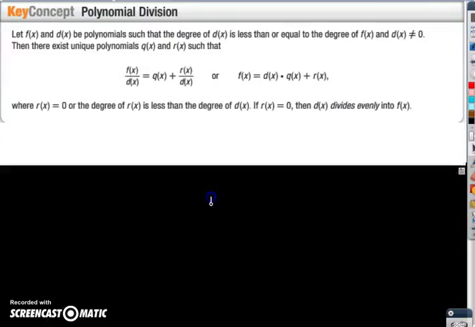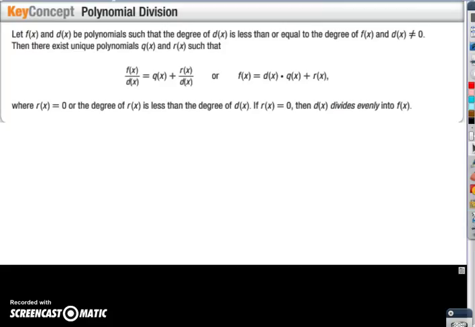Now, in order to do any of this, we must work with polynomial division. And polynomial division simply: let f of x and d of x be polynomials. Now, big thing is you have to be dividing by a polynomial that has a smaller degree than f of x, and it can't be 0. Basically it says when you divide two polynomials, you're going to get a remainder, right here, and a quotient.